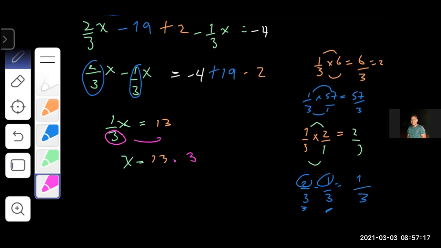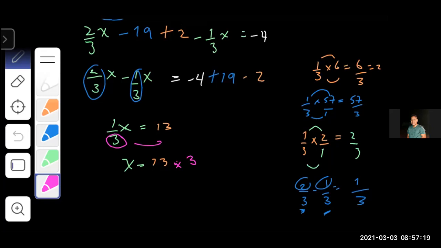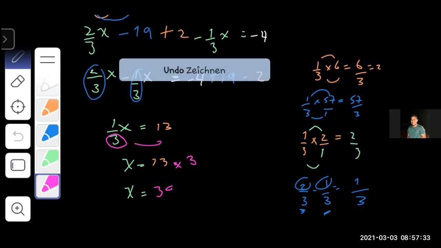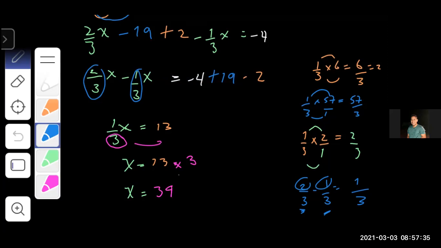Okay, I'm going to use an asterisk, which means multiplication. And let's multiply that. 13 times 3, that is 39. Okay, guys, and that is our solution, 39. X is equal to 39.